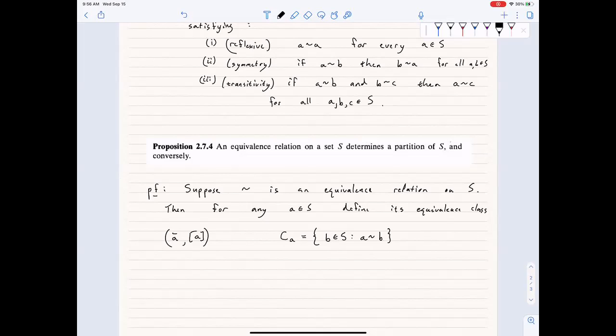I could define an equivalence relation, which is the sign of a number. I'll say two numbers are related if they are both positive or both negative, or if they're zero. Then if I take a positive number, its equivalence class will be all positive numbers, those that share the same sign.